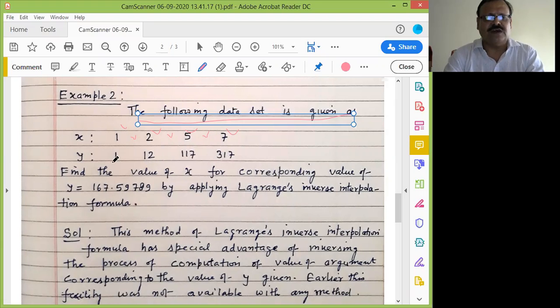So this is y naught, y1, y2, y3. So the formula will have how many terms? 1, 2, 3, 4 terms, meaning 0 to 3.